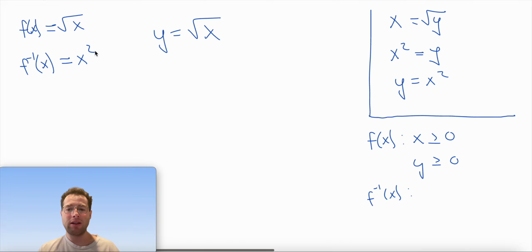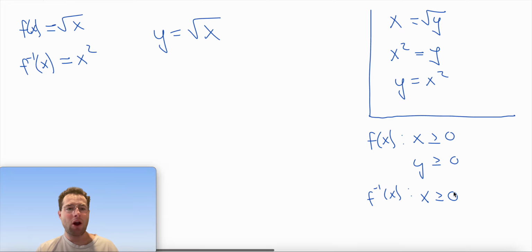But because the range of our original function, which is y is greater than or equal to 0, will in fact restrict the domain, we're going to have x is greater than or equal to 0. So we're just going to use that, or not necessarily a modification, but just the original range is going to influence what the domain is of our inverse function.